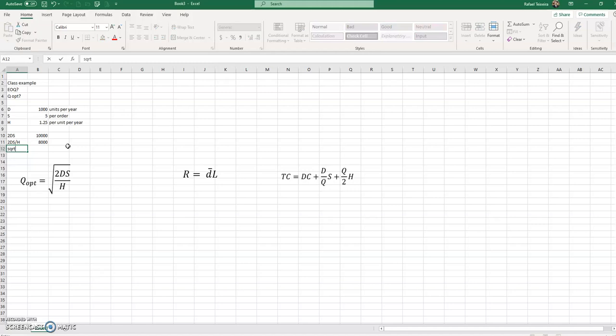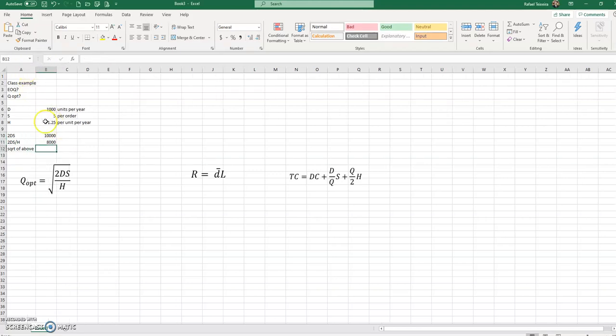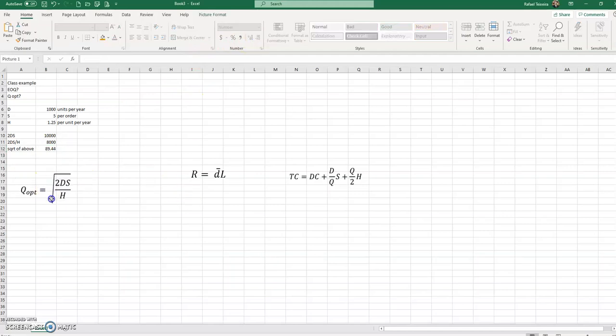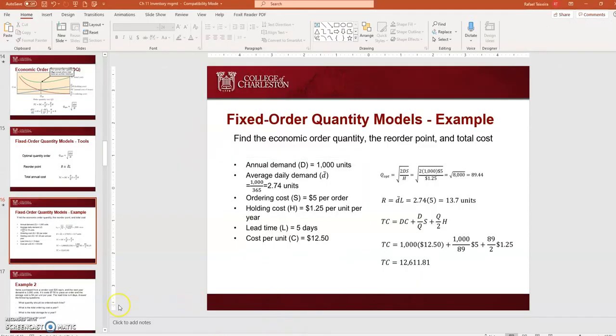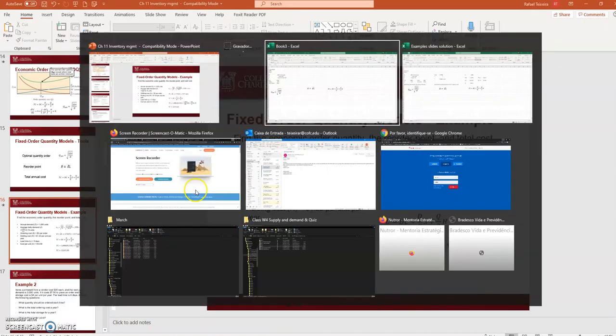Let's call it square root of above. Above is the division here. So square root of above is going to be equal to SQRT, open parenthesis, of this number. The result is 89.44. If I go back to here, this is the answer, 89.44.